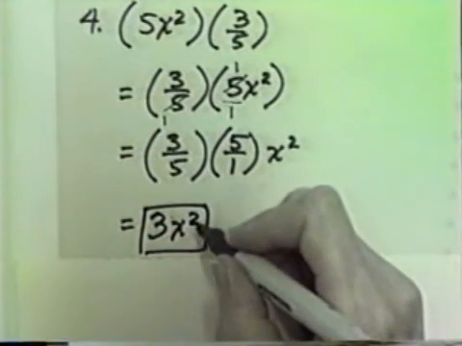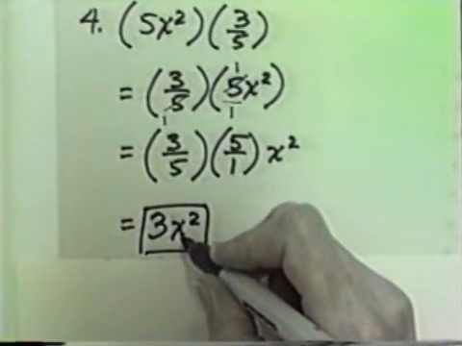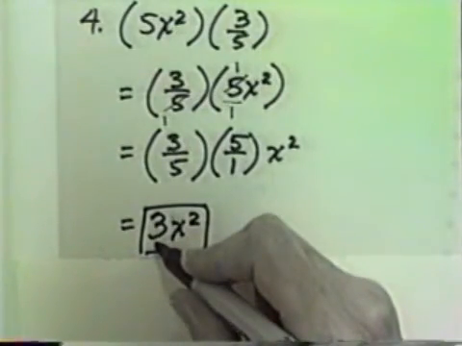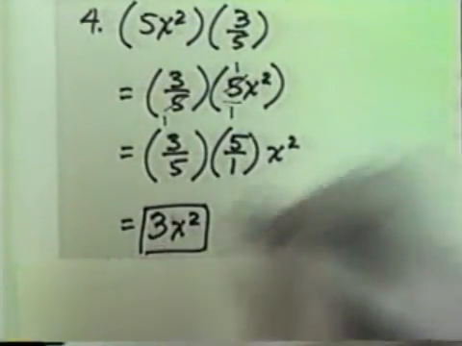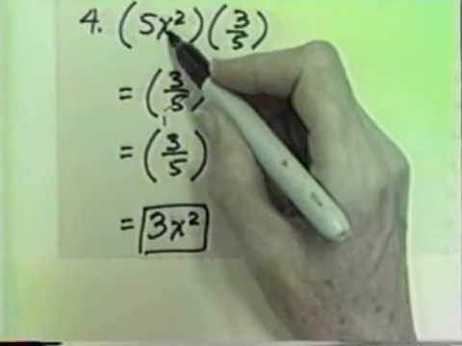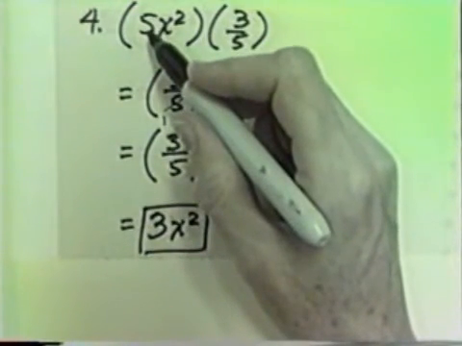Notice that the square applies only to the x, it does not apply to the 3. At the outset, the square applied only to the x, it did not apply to the 5.